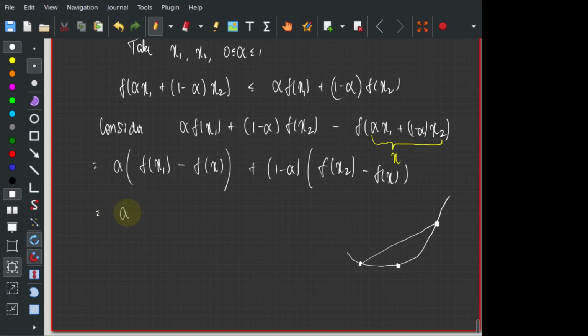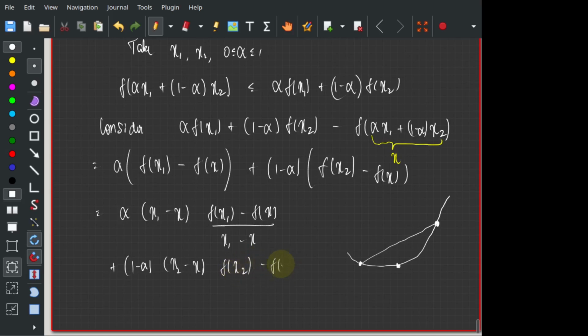So this is alpha times x1 minus x times f of x1 minus f of x by x1 minus x, plus 1 minus alpha times x2 minus x times f of x2 minus f of x by x2 minus x. You're right. So I want to somehow replace these two by some derivatives.